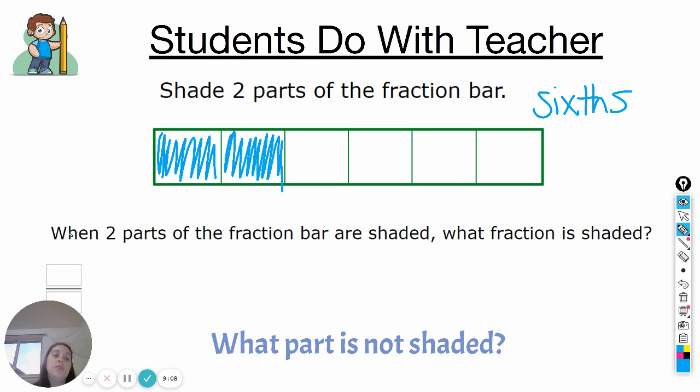And the question is, when 2 parts of the fraction bar are shaded, what fraction is shaded? Go ahead and count and write down what fraction of the fraction bar you believe is shaded. And then we'll go over it together.